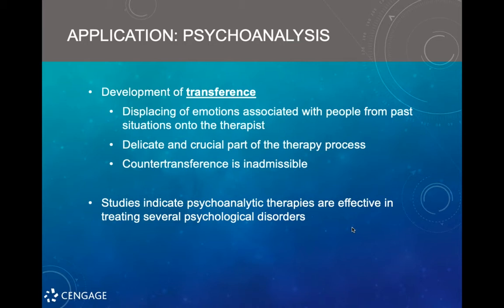So you can see someone on the street and suddenly feel love for them because they might remind you of your grandmother, and that's an example of transference. Whatever feelings you feel towards your grandmother, you're simply transferring those feelings onto this new person. That's what transference means.